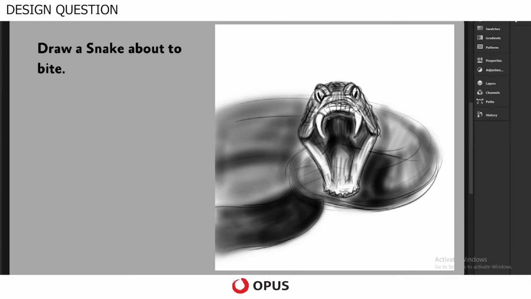And then you can give the scales, the texture, of the snake's body.